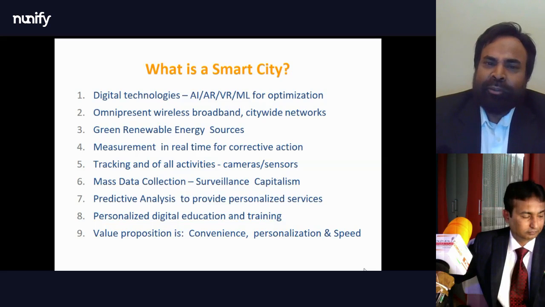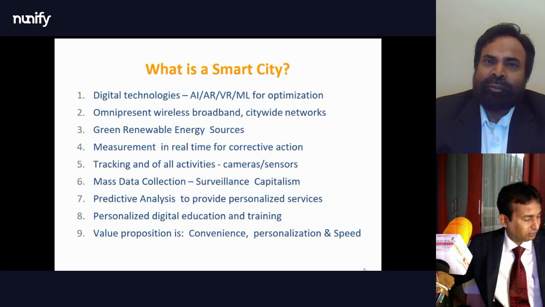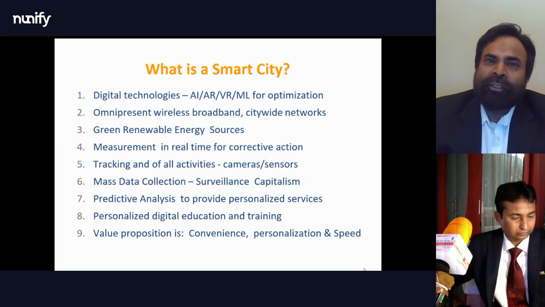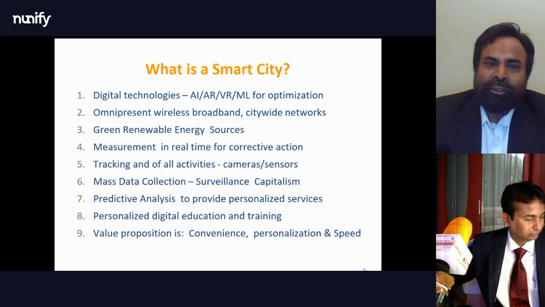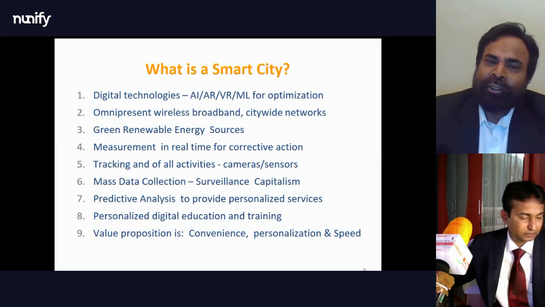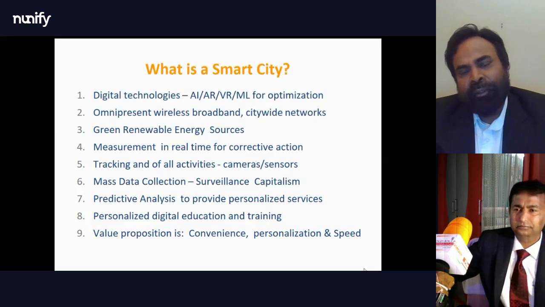Predictive analysis to provide personalized services because they know you, they know where you are at any given time and where you hang out and who your friends are on email. They read your emails before you do and all the sites you go and see, your GPS location. So predictive analysis and personalized digital education and training also.